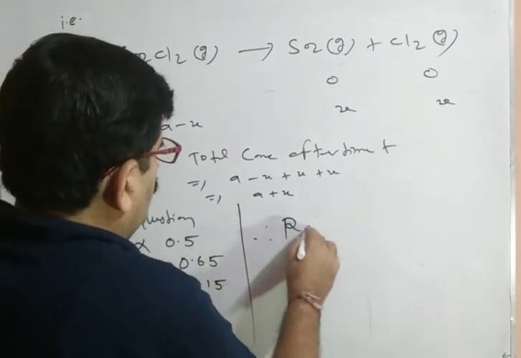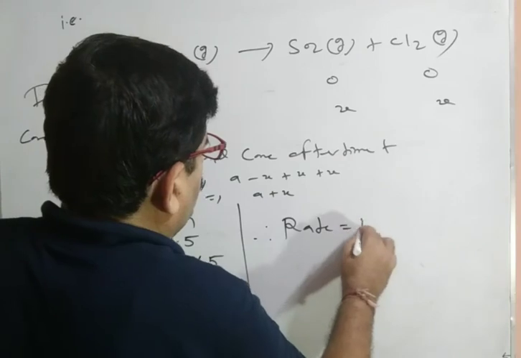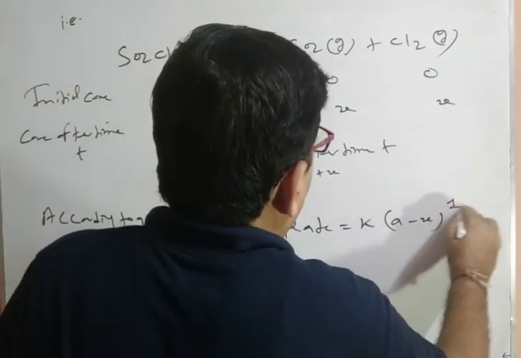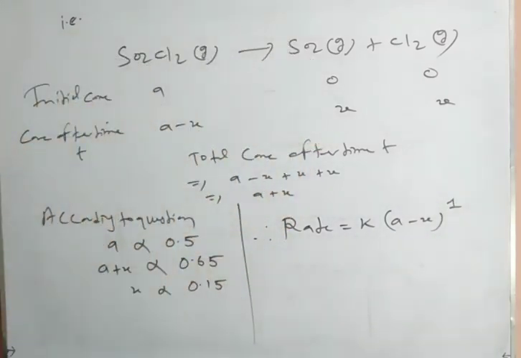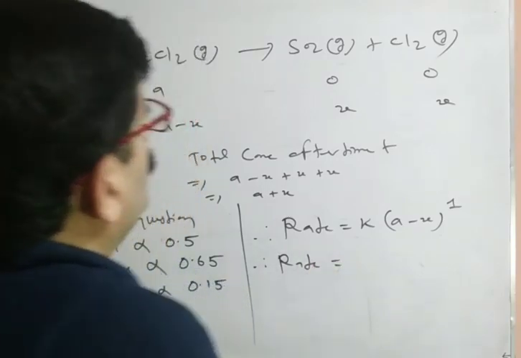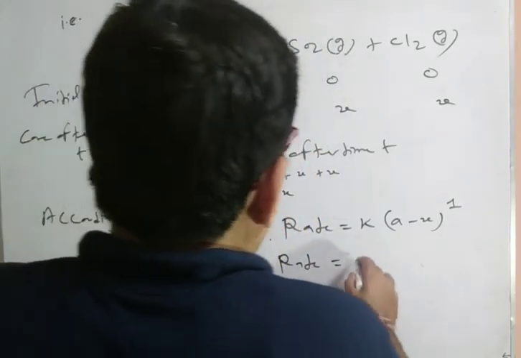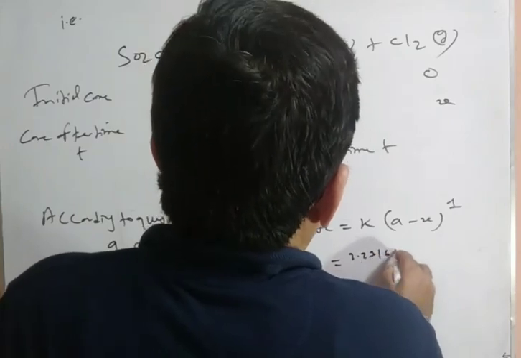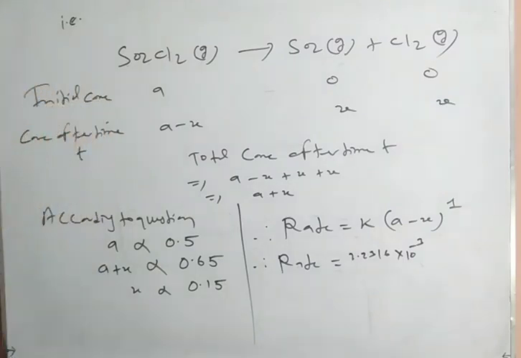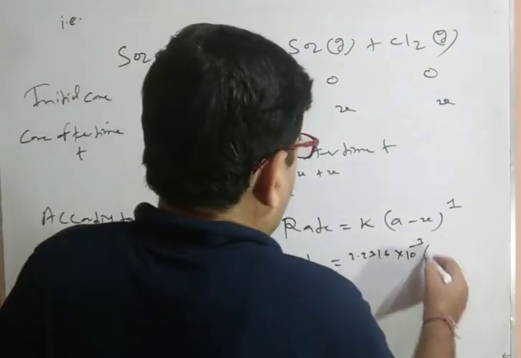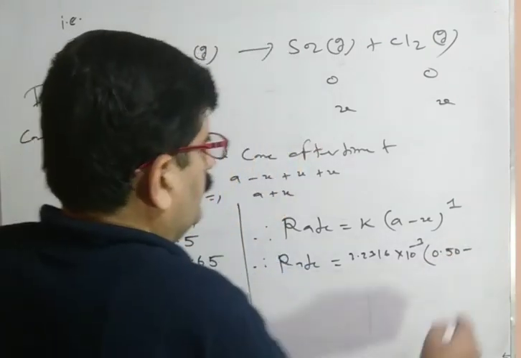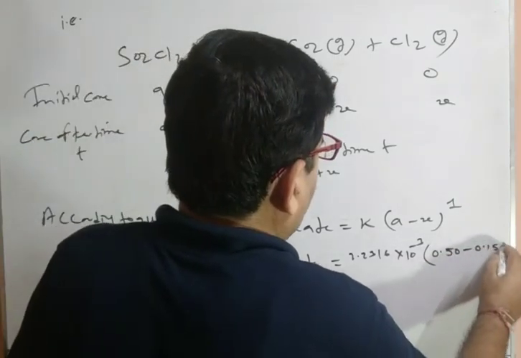Therefore, rate is equal to what? k times a minus x to the power 1, because it follows first order kinetics. Therefore, we can write the numerical value of k, 2.2316 into 10 to the power minus 3. Here a is equal to 0.50 and x is equal to 0.15.